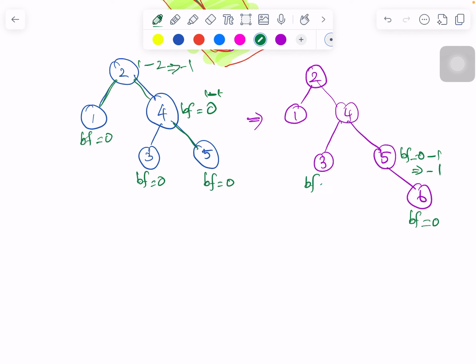For node 3 it is 0. For node 4, the height of left is 1 minus the height of right is 2, so it is minus 1. For node 1 it is 0. For node 2, the height of left is 1 minus the height of right is 3, so it is minus 2.